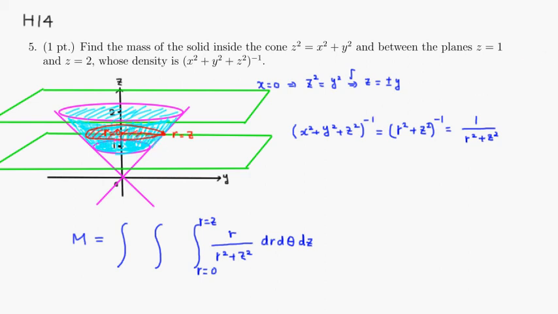To do that, we can just start from theta equals 0 and go all the way around once. Then you have to stack all these disks starting from z equals 1 all the way to z equals 2.